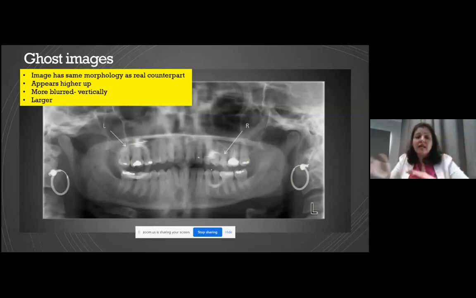So most of the landmarks that get exposed also end up casting shadows on the opposite side. The ghost images have the same morphology as the real counterpart. They appear slightly higher up, they are blurred slightly vertically, and they appear larger. So: larger, blurred, higher up, and with the same morphology as the real counterpart. And very importantly, they appear on the opposite side.